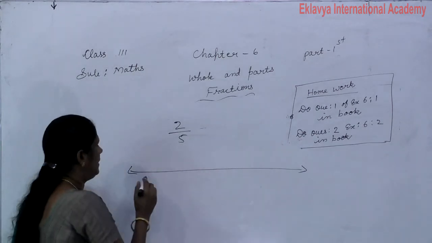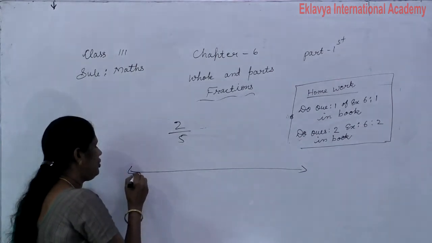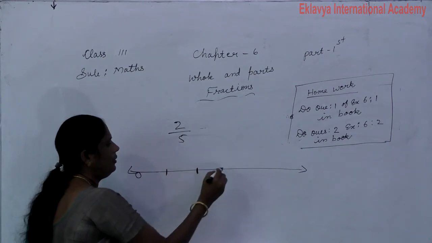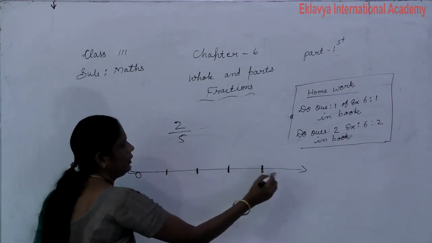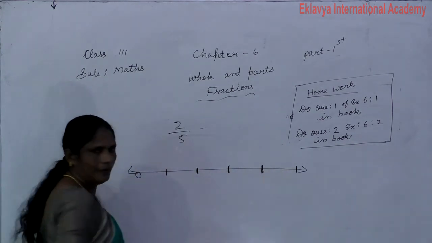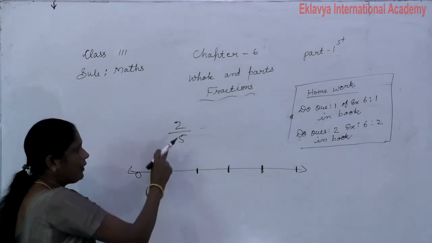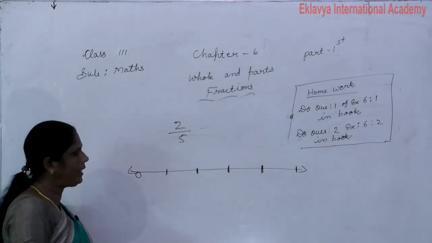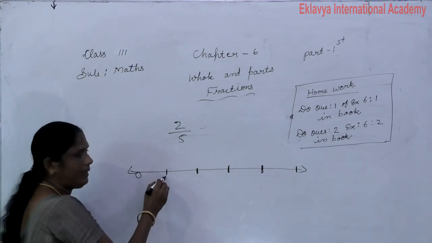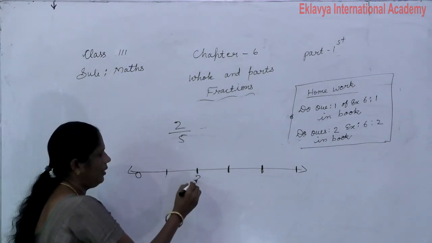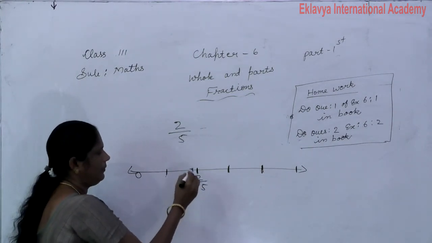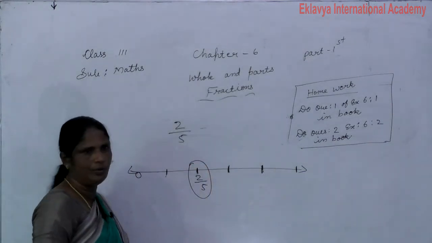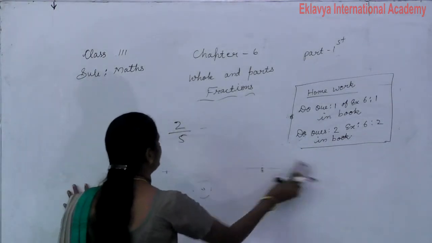We start with 0. 1, 2, 3, 4, then 5. Then our fraction is 2/5. Where do we put this? 1 here, 2 here. 2/5. This is our fraction. Understand? One more question.